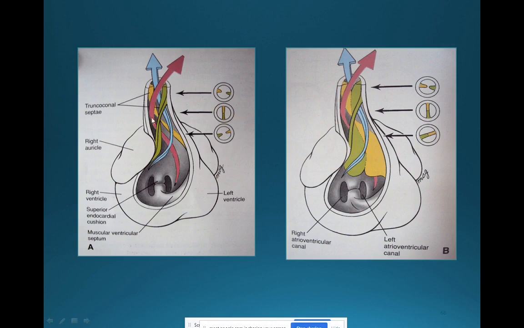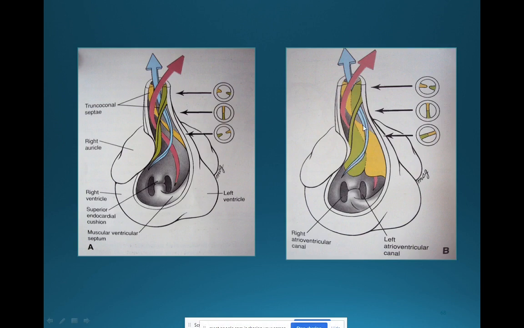Truncus arteriosus is forming the proximal part of the pulmonary trunk and the aorta. So conotruncal septum. You see this green and this yellow thing is how the conotruncal septum is formed. A little spiral, so that the blood from the right ventricle moves like that.